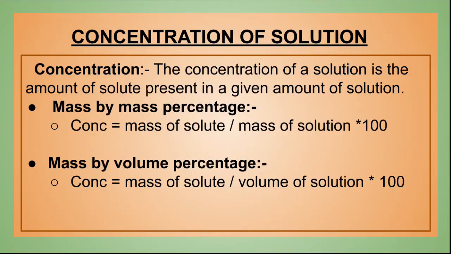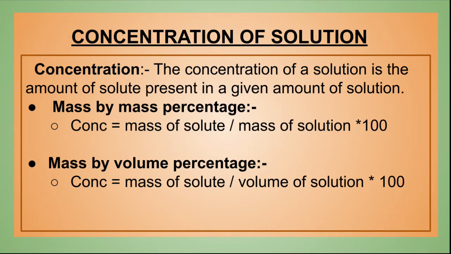One is mass by mass percentage, where concentration equals mass of solute divided by mass of solution multiplied by 100. The second is mass by volume percentage, where concentration equals mass of solute divided by volume of solution multiplied by 100.